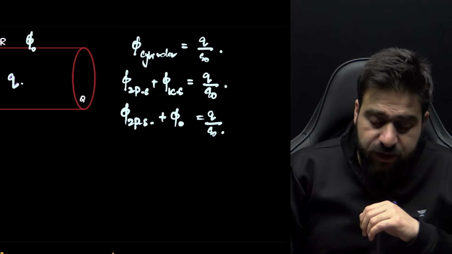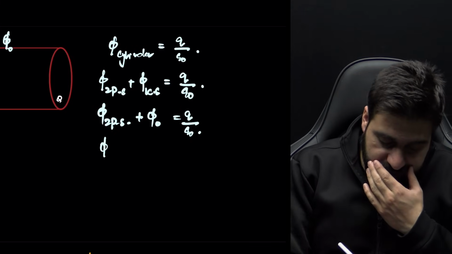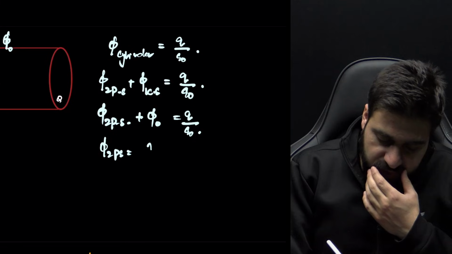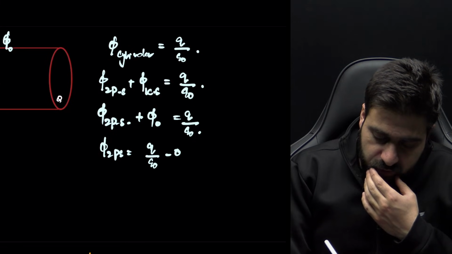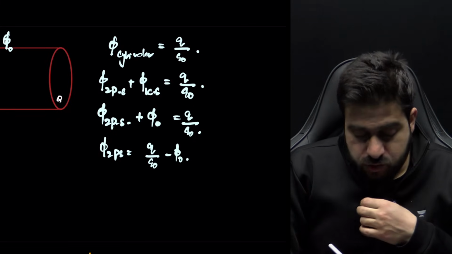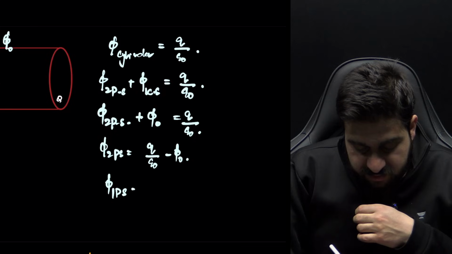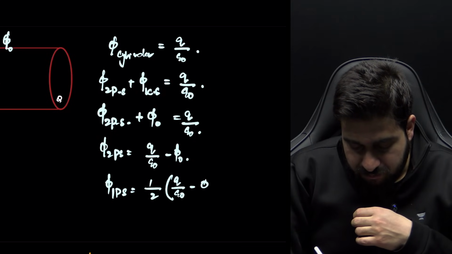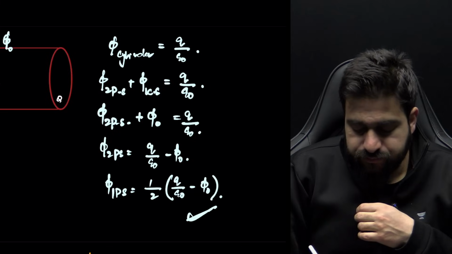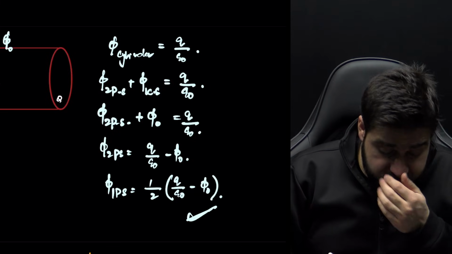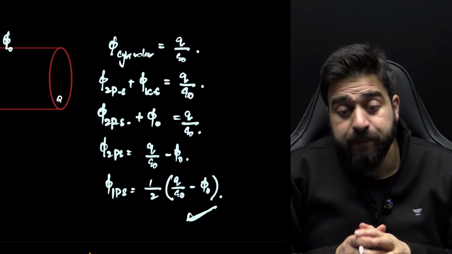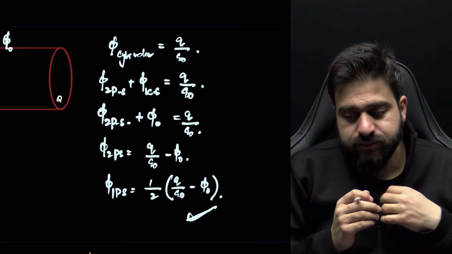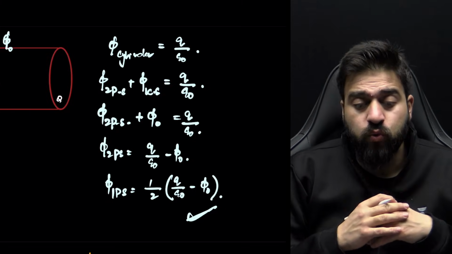So flux through two plane surfaces will be equal to Q by epsilon naught minus phi naught. So flux through one plane surface will be one half of Q by epsilon naught minus phi naught. This is the flux through one plane surface.